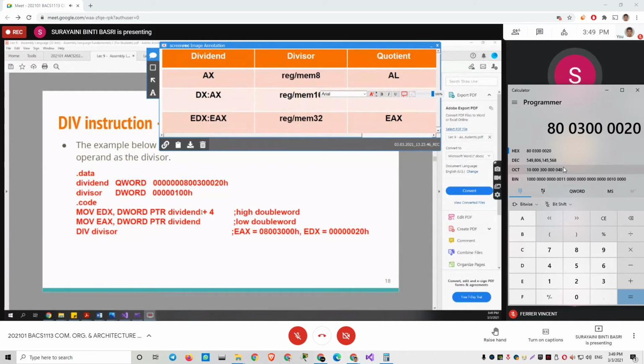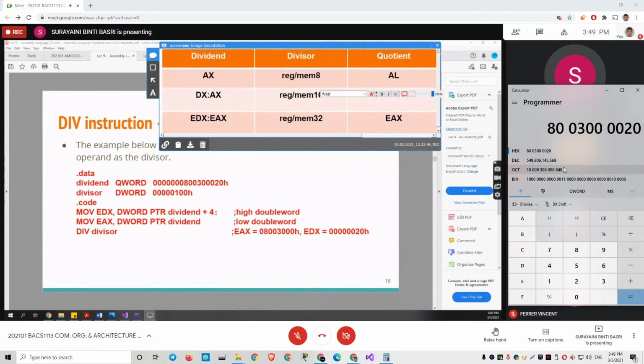Why do we put 4 here? If you remember, last time we have learned about getting the value using the offset.